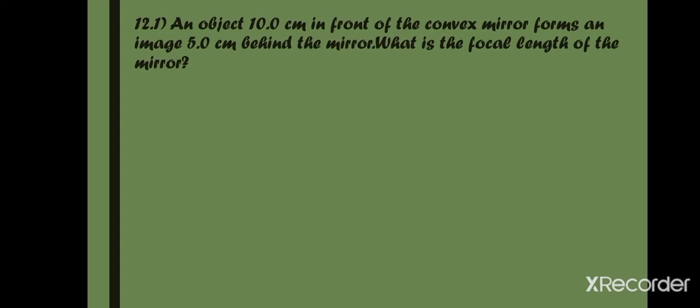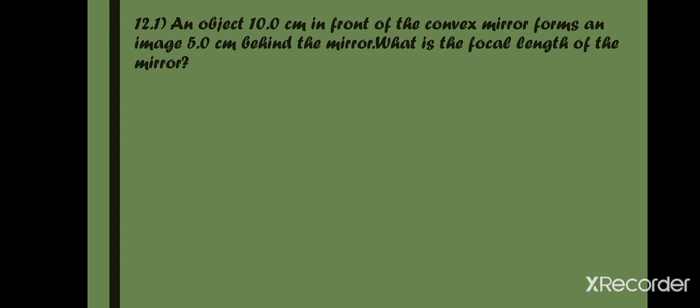Now, two things are given. First of all, from the statement you have to identify which quantities are given and which are required. It is given that an object is 10 cm in front of a convex mirror.